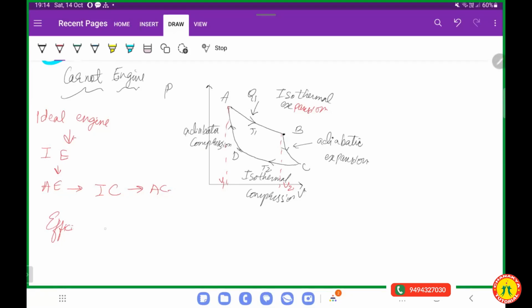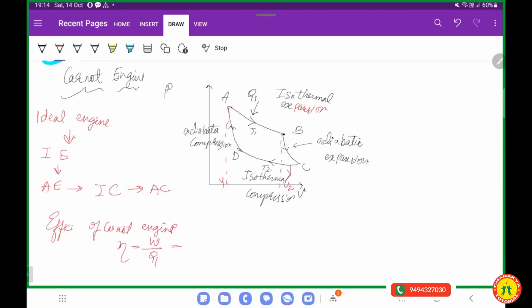Efficiency of Carnot engine: W by Q in, the initial heat. It was Q1 entered.